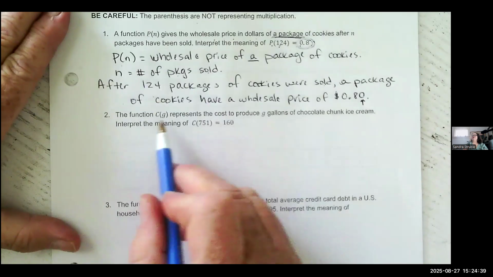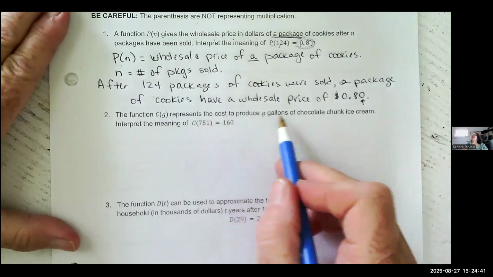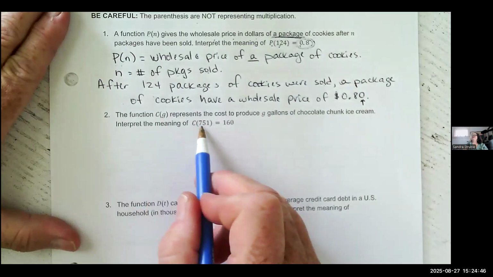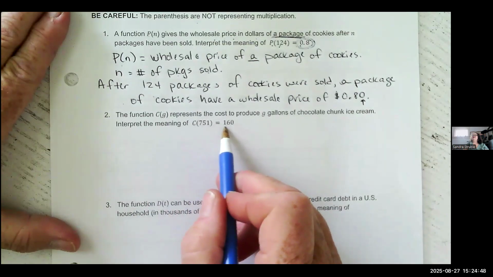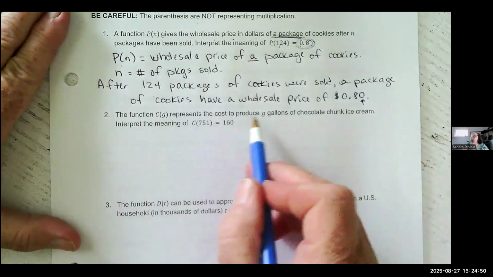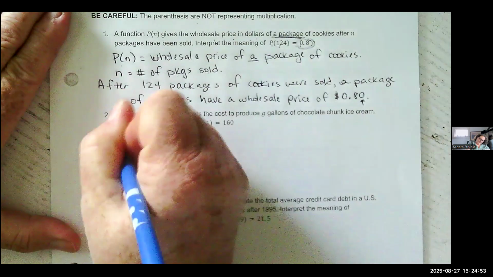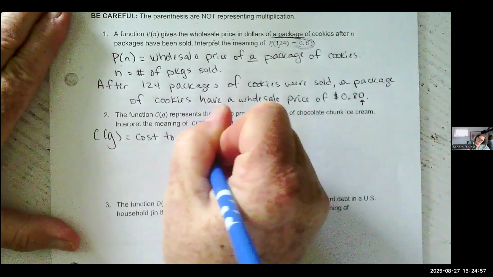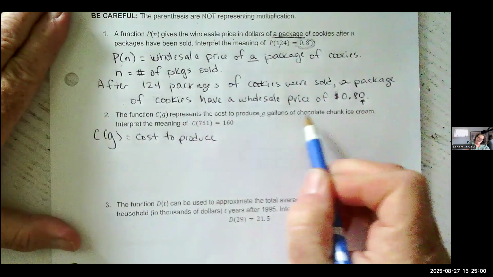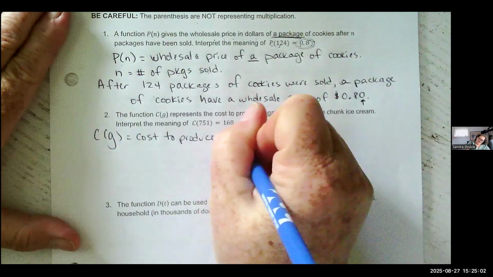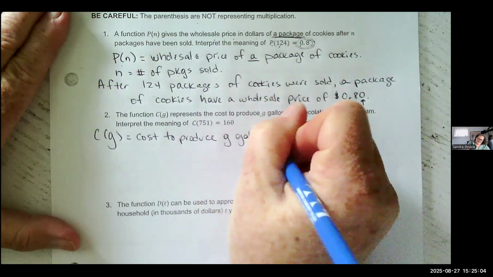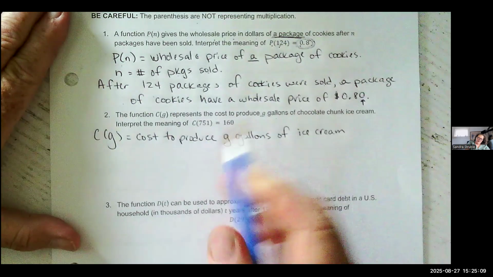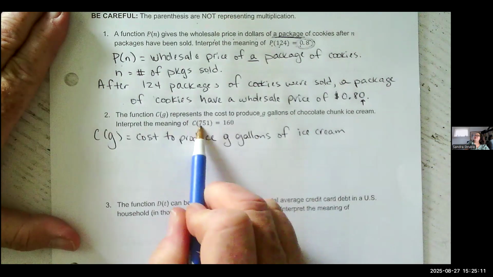The function C of G represents the cost to produce G gallons of chocolate chunk ice cream. Interpret the meaning of C of 751 equals 160. So C of G is the cost to produce G gallons of ice cream, and where the G was has been replaced with 751.